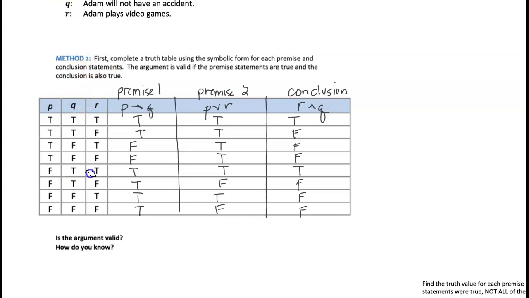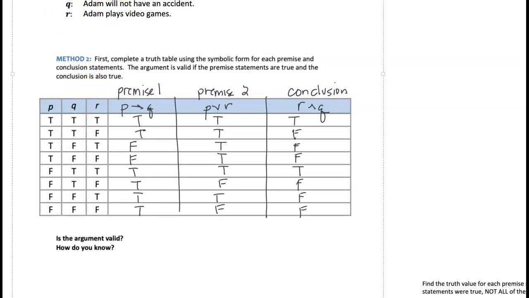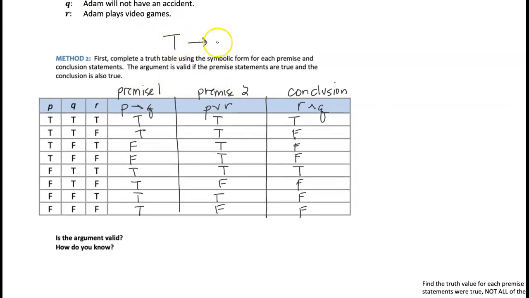Let's go back and take a look at where we have our premise statements true. So remember that we're trying to show the premise statements that are true also give us a true conclusion. In the first case, we have both premise statements true and also a true conclusion. In the second case, we have both premise statements true, but notice that our conclusion is false.